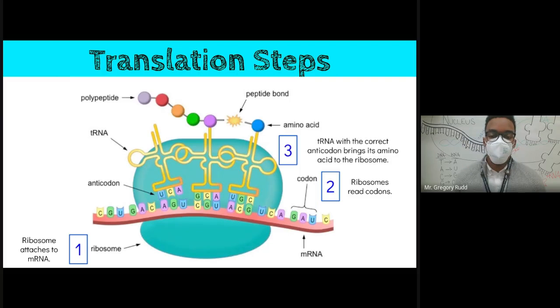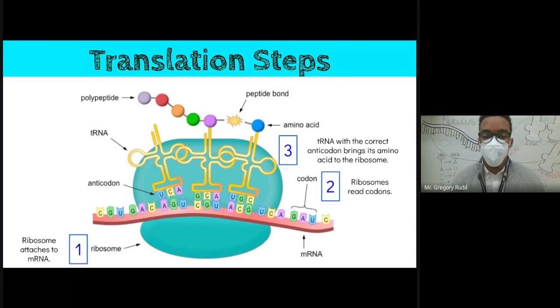The third step, the tRNA, which is a type of RNA that literally looks like a T. In this case, they're kind of like the golden yellow thing. The tRNA with the correct anticodon brings its amino acid to the ribosome. The anticodon is not something we really need to worry too much about in this class. As long as you know what the role of the tRNA is, you'll be good.